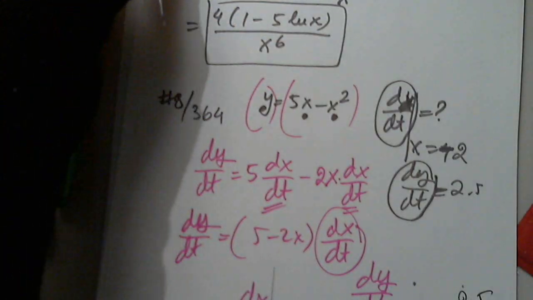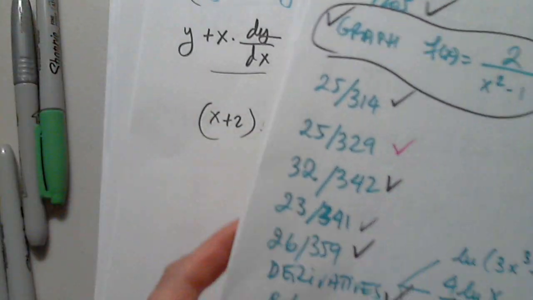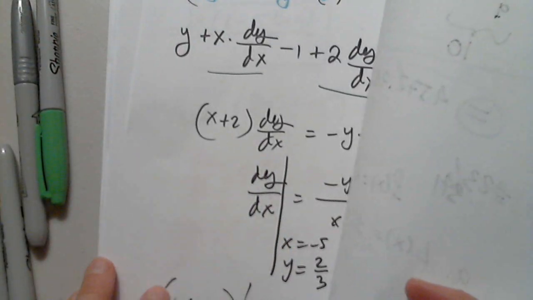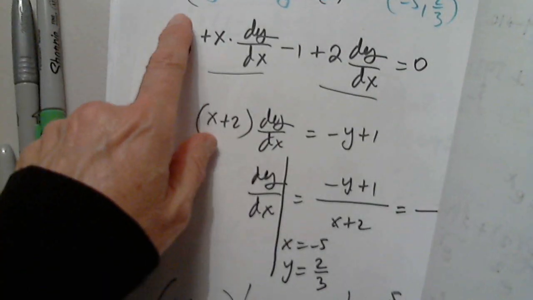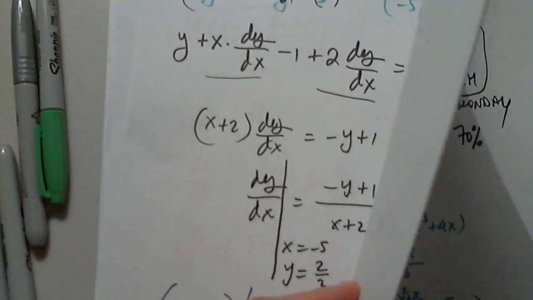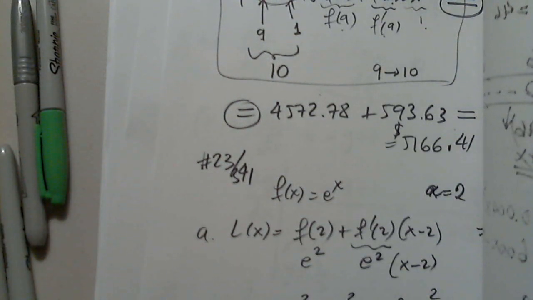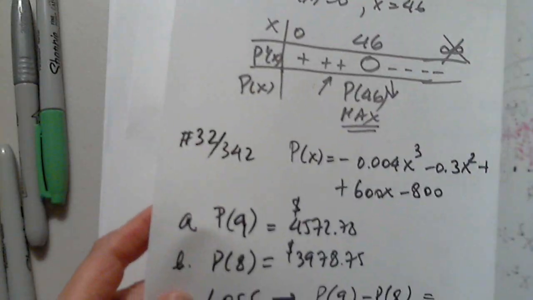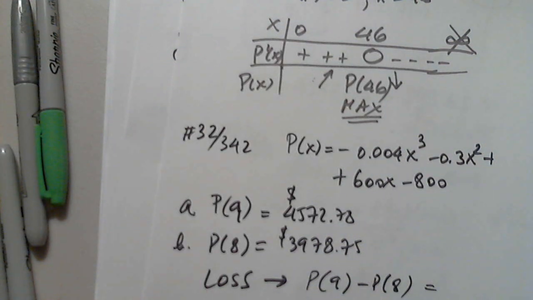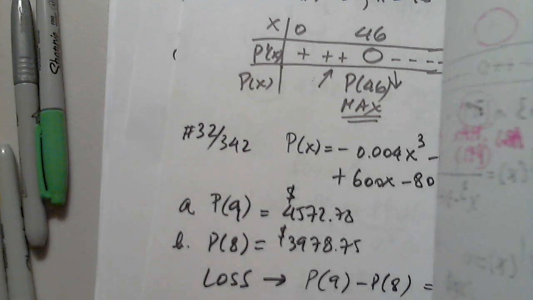You have 2 hours. Summarize all your notes. Go through all these problems and everything else and say, oh, when I'm asked to find such and such, I have to do these steps. When I'm asked to find the linearization, I go through these steps. When I'm asked to find the marginal cost or revenue or profit.